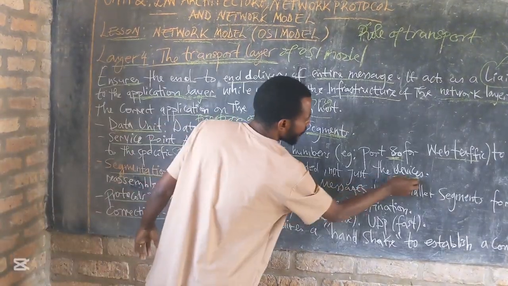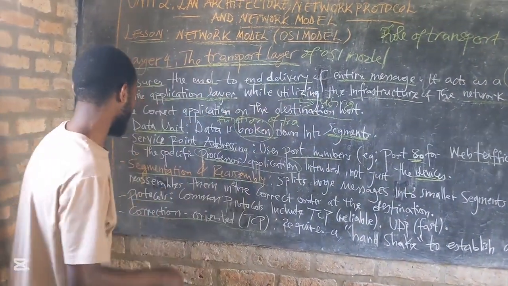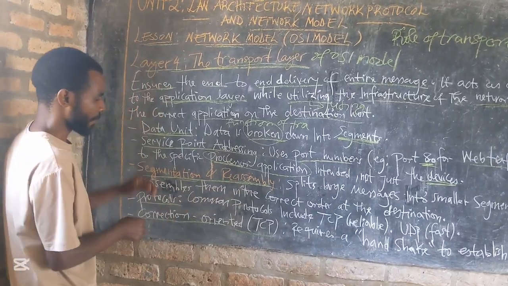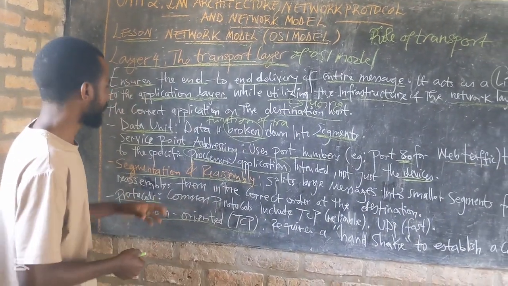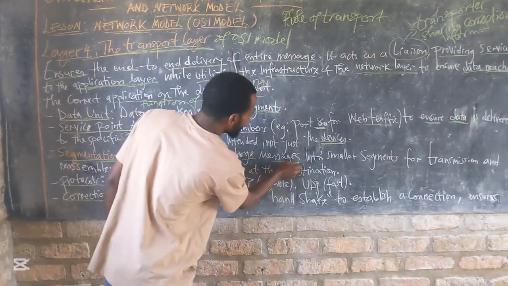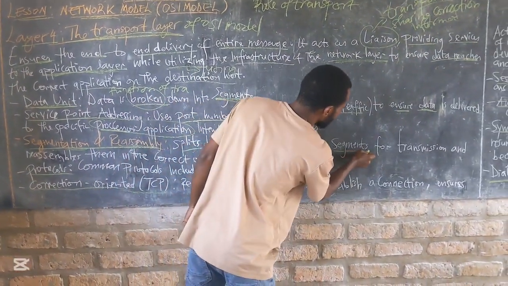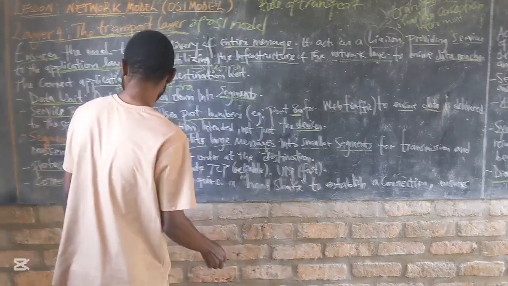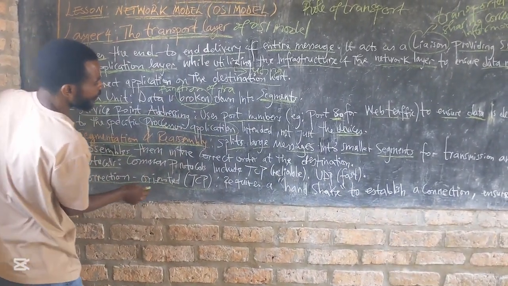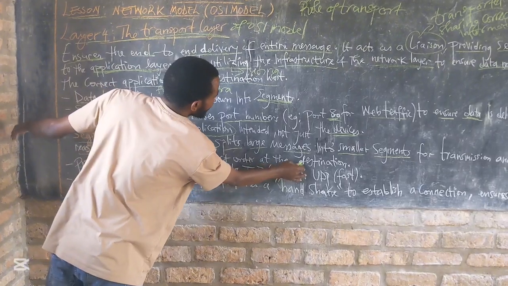Application, not just the devices. We have segmentation and reassembly. It is another function: split a large message into small segments for transmission and reassemble them in the correct order at the destination.